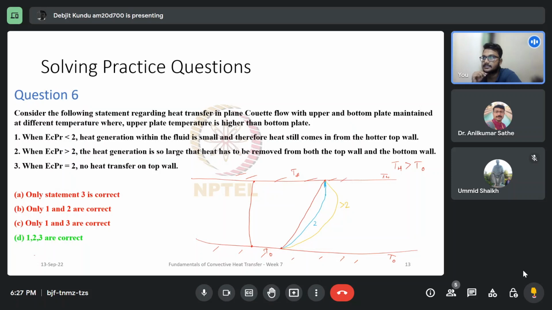So in that case, there would still be a heat transfer from the wall into the fluid, however, the temperature profile no longer remains linear. So that adds a curvature to it. So there will be a heat transfer from here, but there will be a curved line coming in here. This blue one I'm trying to draw here is for Brinkman number less than 2. These are all values of the Brinkman numbers.